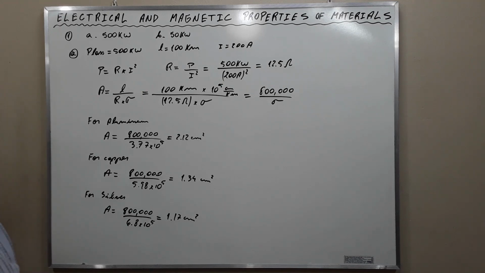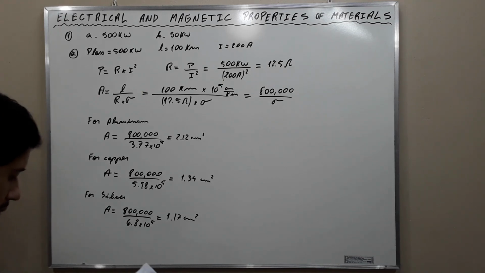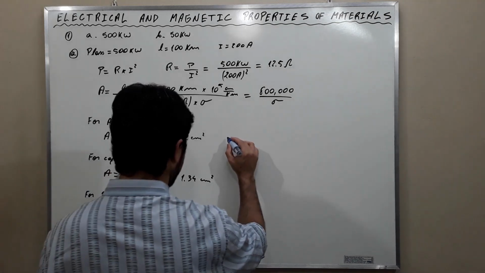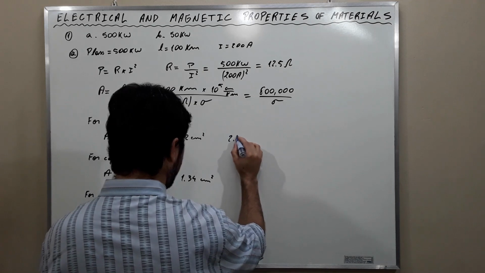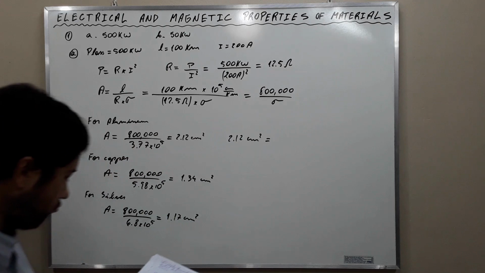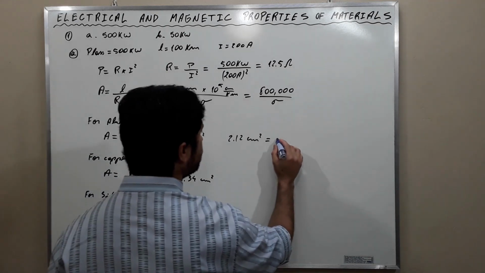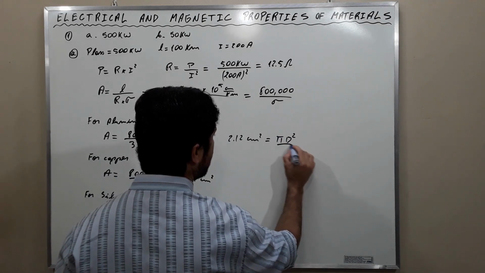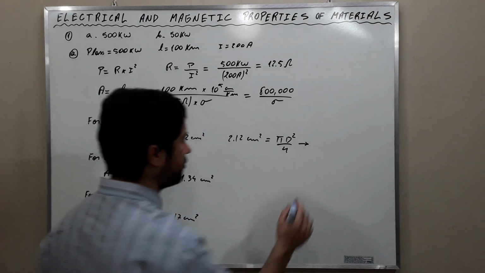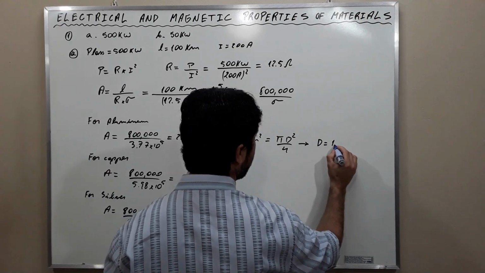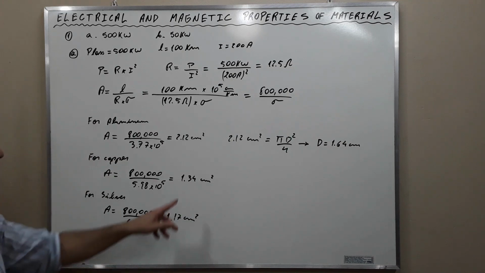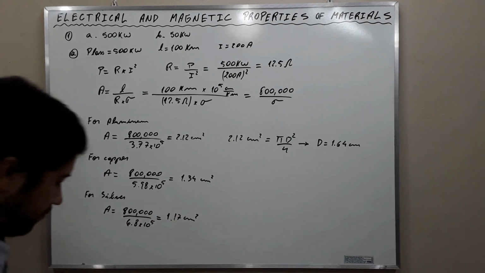And now we can calculate the diameter. The diameter for aluminum is going to be 2.12 square centimeters equals pi d squared over 4, which gives a value of 1.64 centimeters. The same is going to be done for copper and silver.